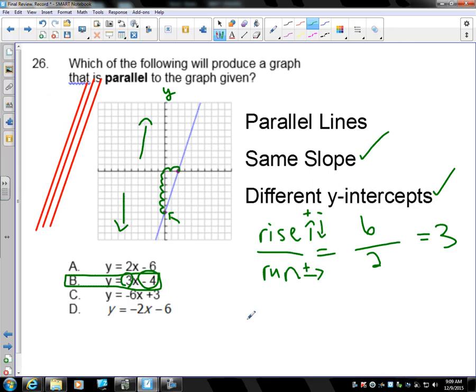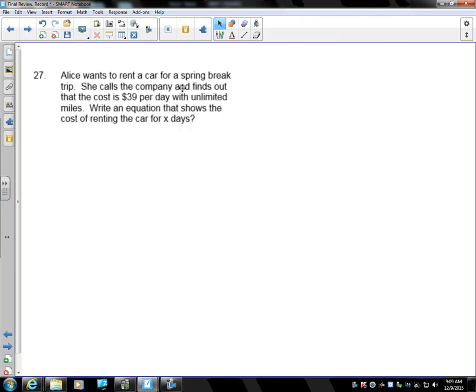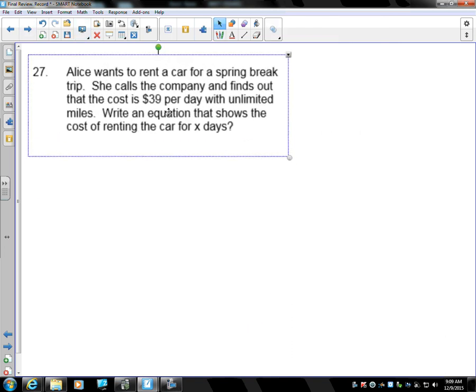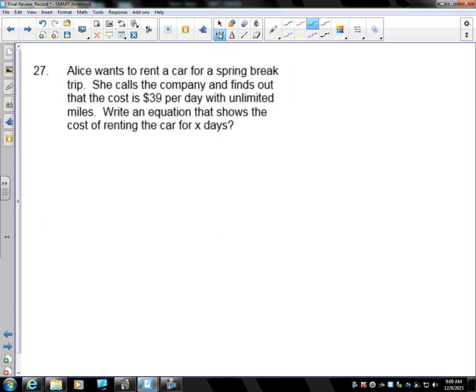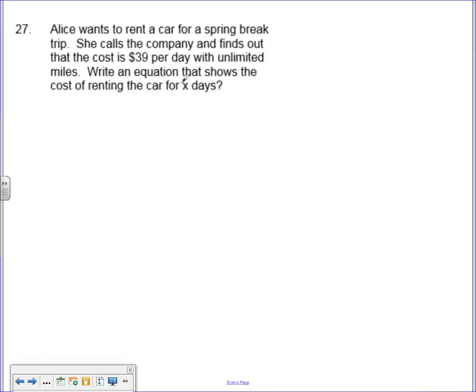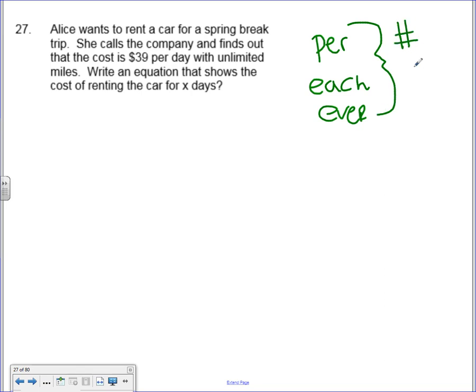The next one we are going to do is number 27. We need to write an equation for this situation. Keywords: per, each, or every. Whenever you see any of these words, we know that the number that goes with that word is the slope.